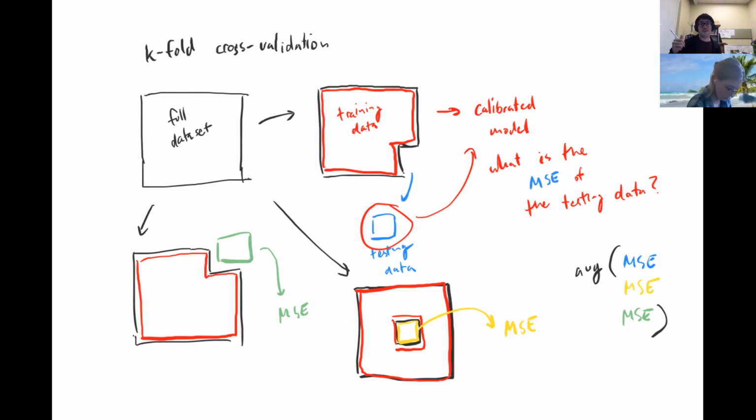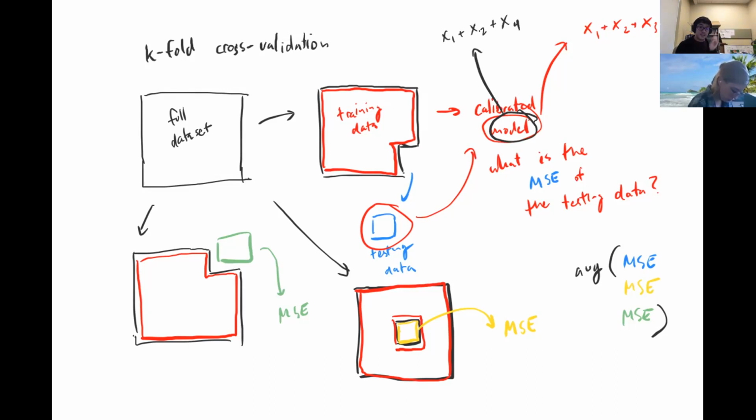I'm not going to talk about the procedure of model selection, but let's suppose the model you're looking at is x1, x2, x3, something like this. You could do the same thing for x1 plus x2 plus x4. And the question is, which of these two models is better?